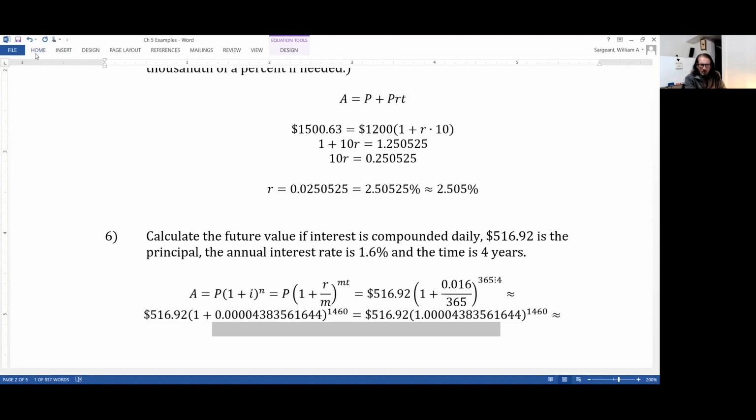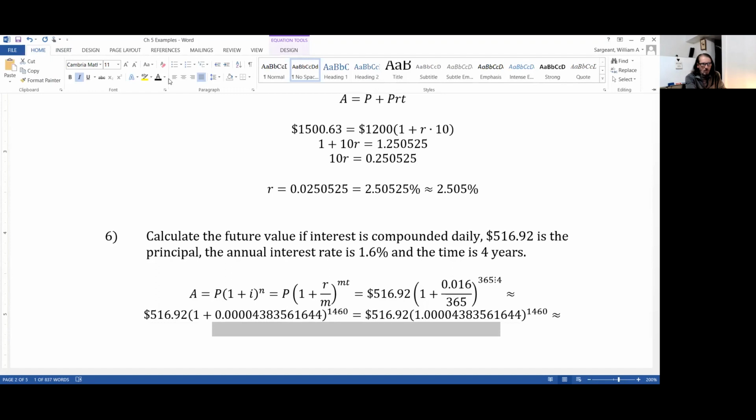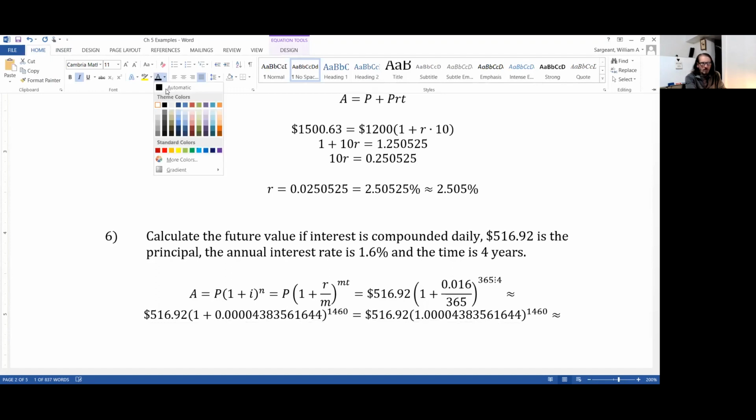If it's bigger than 2, then you're talking about doubling, tripling your money, things like that. That doesn't happen very quickly. You would have to have a very good interest rate or a long amount of time or some nice mix of the two to start to get things to double and triple.